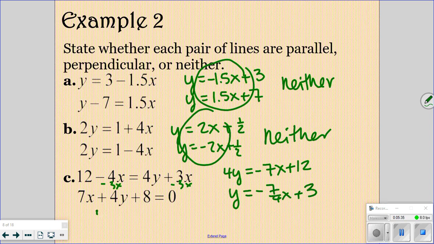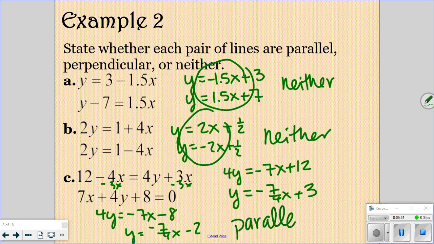And then for this one, 4y equals negative 7x minus 8. And then divide by 4, you have y equals negative 7 over 4x minus 2. So these slopes are the same, so that means that these lines are parallel. So that's how those work. You just have to put them in y equals mx plus b form, and then look at your slope.